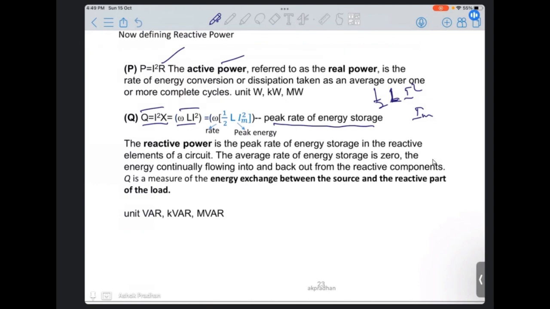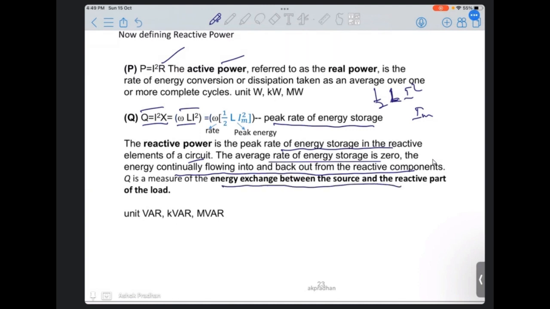The reactive power is the peak rate of energy storage in the reactive elements of the circuit that we analyzed earlier. The average rate of energy storage is 0, plus minus 0. The energy continually flows into and back out of the reactive components. Q is a measure of the energy exchange between the source and the reactive part of the load.